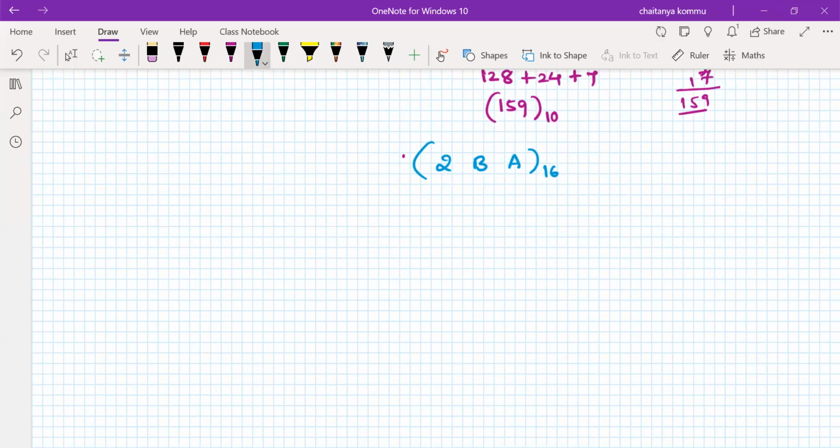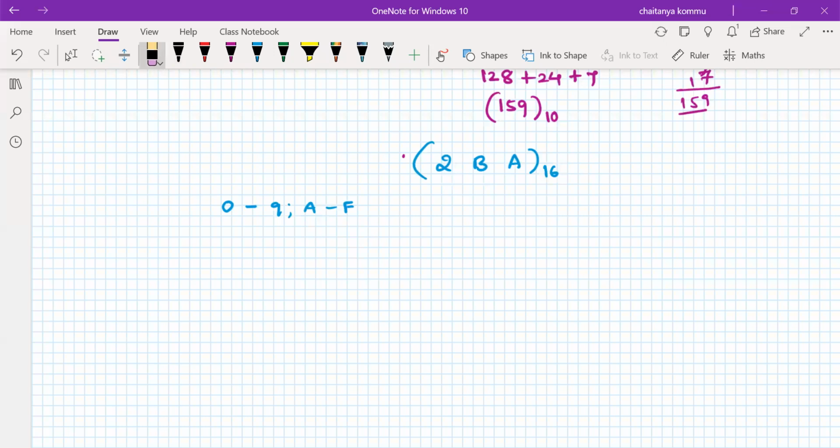Whenever you are writing a hexadecimal number, you observe that 0 to 9 we have already known, and from A to F we are using letters. What is the number after 9? A, only a single digit I'm using. If I write 10, it's not one digit, it's two digits actually.